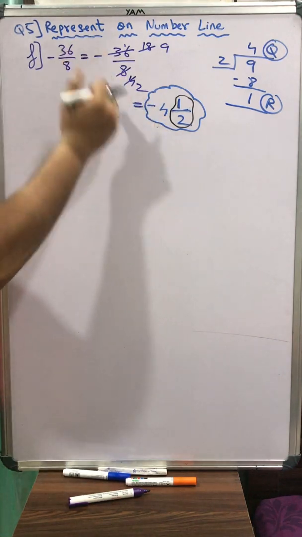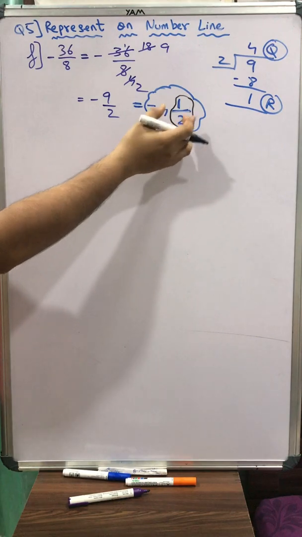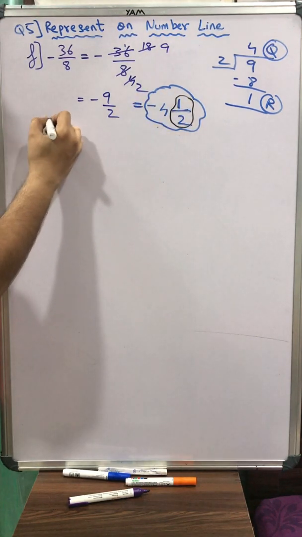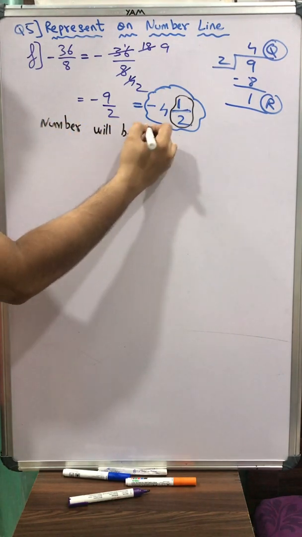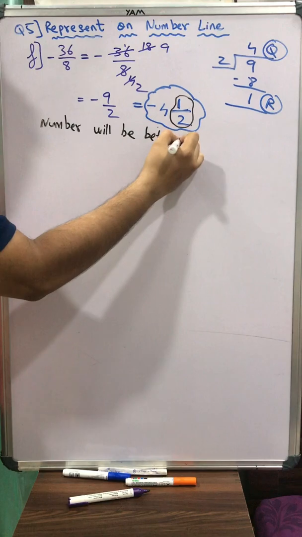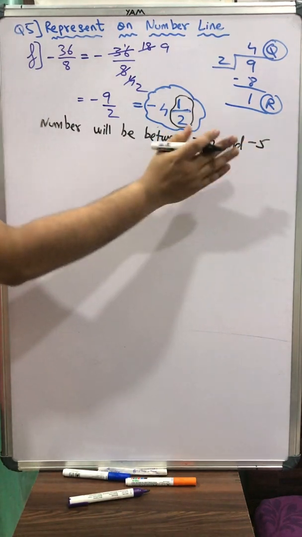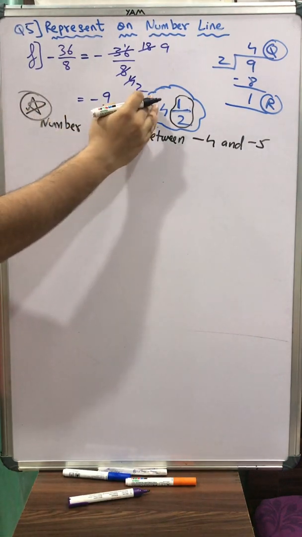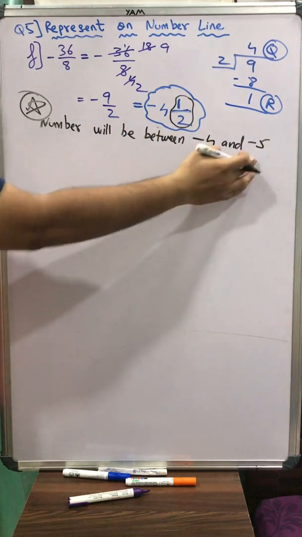Can I say after 4 more we have to travel to cover this distance of half to get this value of half? Yes. So the number will be between minus 4 and minus 5. You should know this. This is very important. Minus 4 से ज़्यादा कितना ऊपर? Half ज़्यादा. So between minus 4 and minus 5.